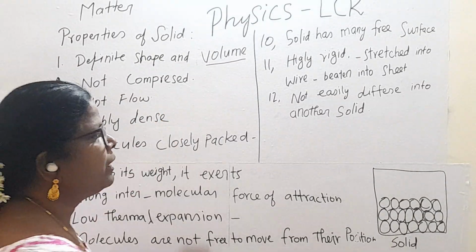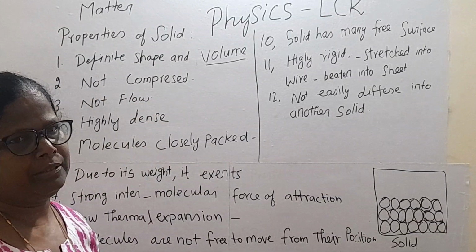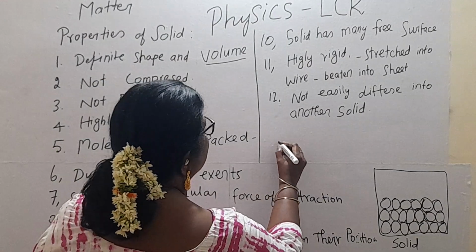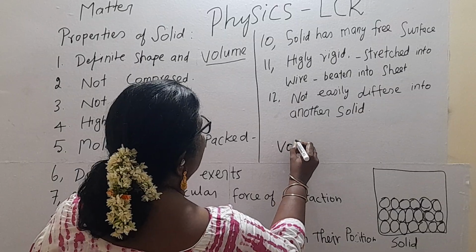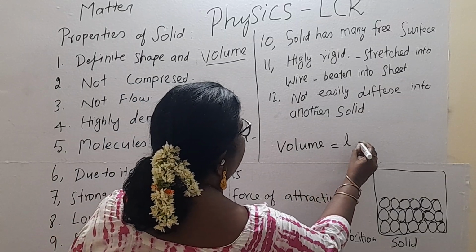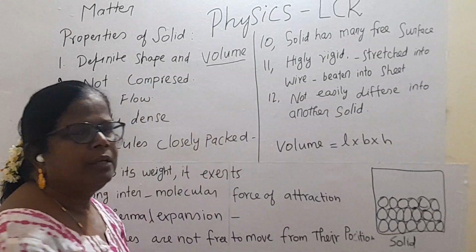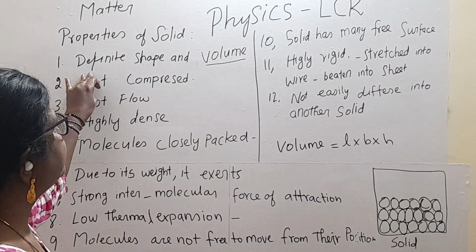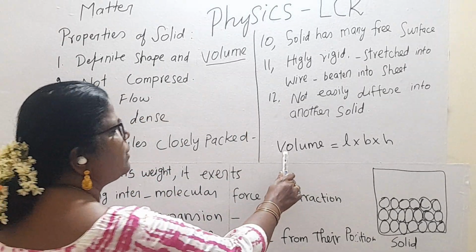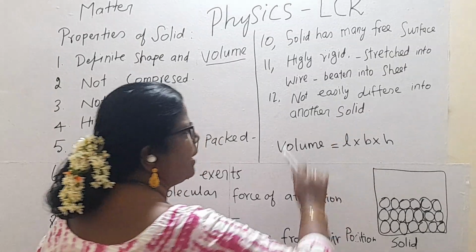Definite volume: a solid object has a length and breadth, so we can define volume as length into breadth into height. This is the volume formula: L for length, B for breadth, H for height.